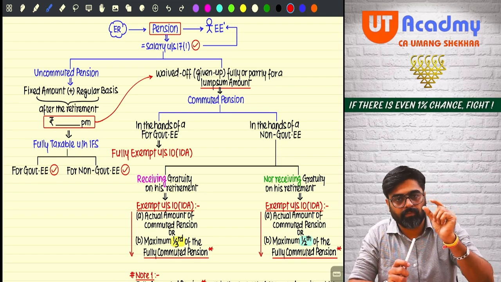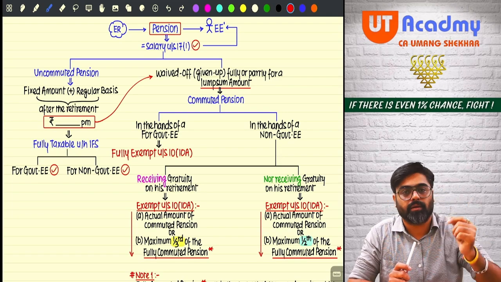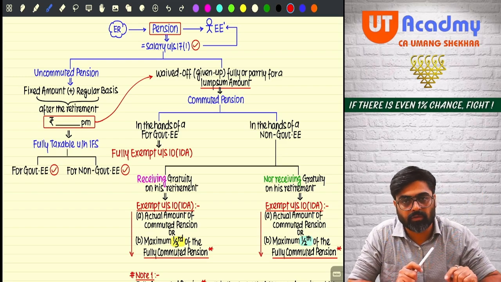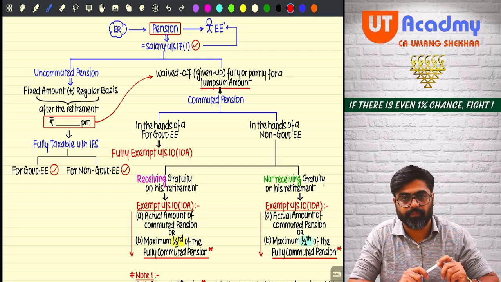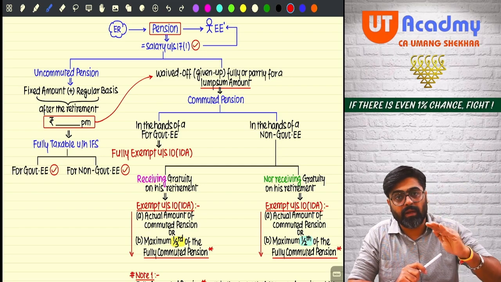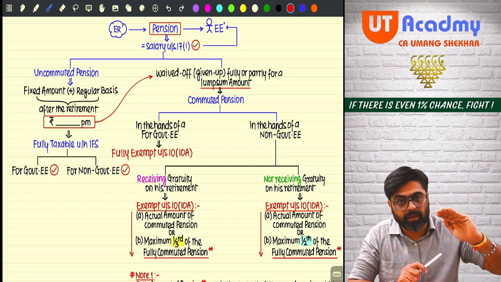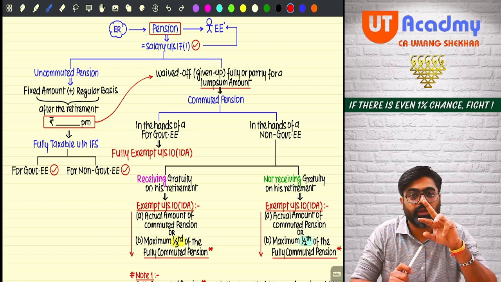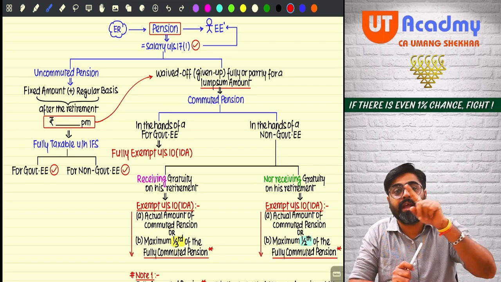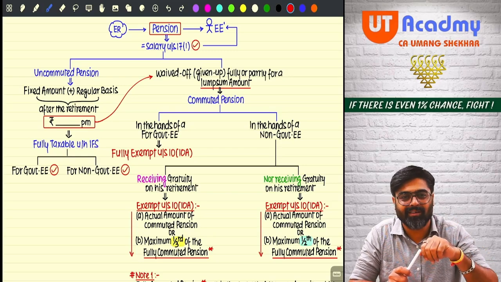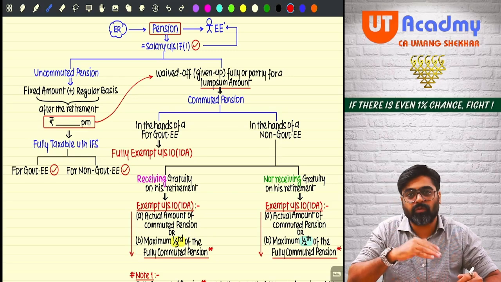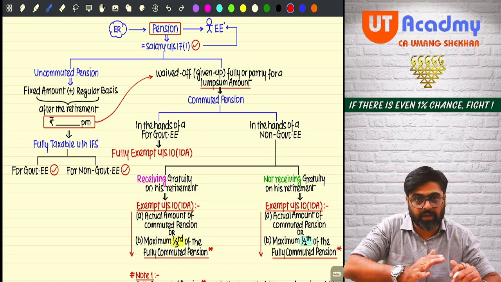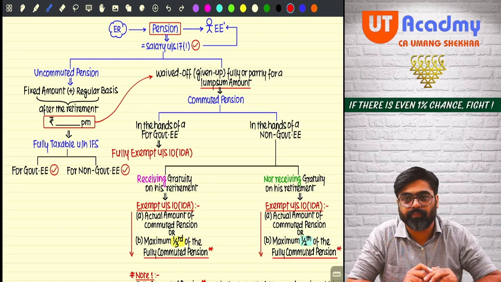That 10,000 per month is a fixed amount which he will receive on a regular basis from the employer after retirement. It is because of the services which he gave as an employee that he is getting this pension.